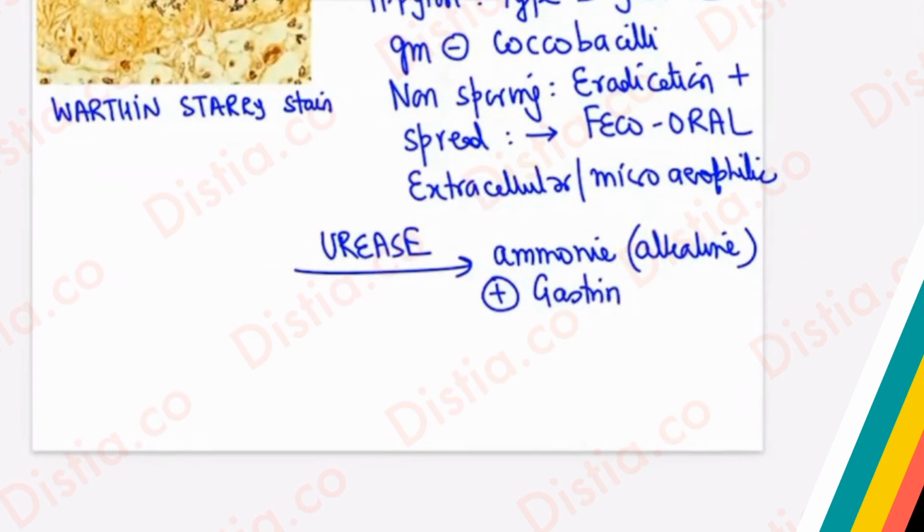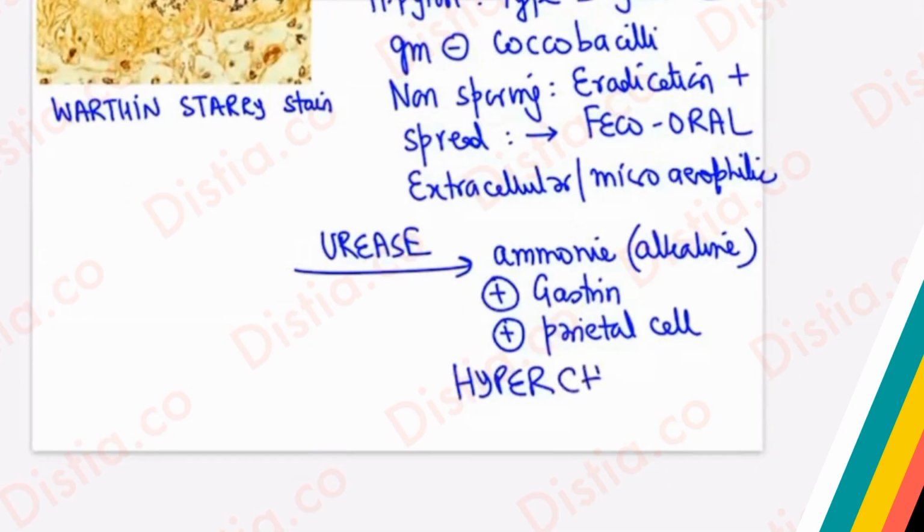And once the G cells are producing more gastrin, this will contribute to more stimulation of parietal cells. The end result would be a development of hyperchlorhydria. You see, this condition will be having hypergastrinemia as well as hyperchlorhydria.